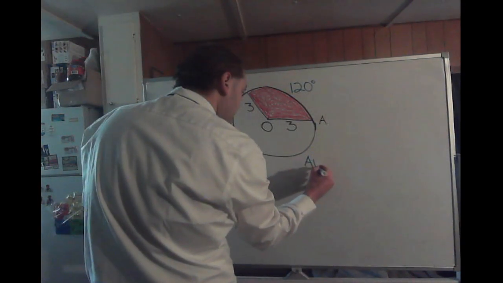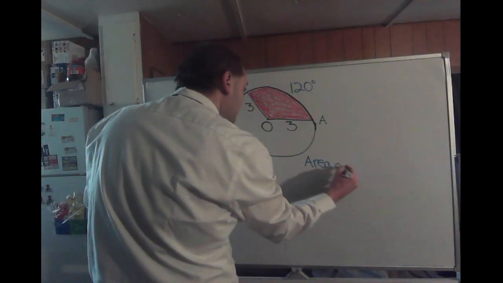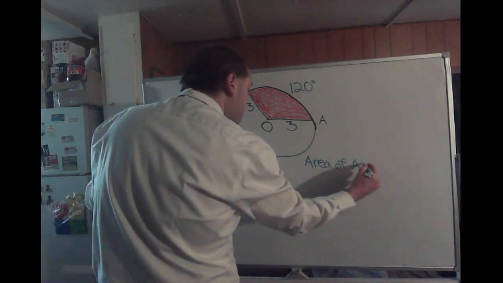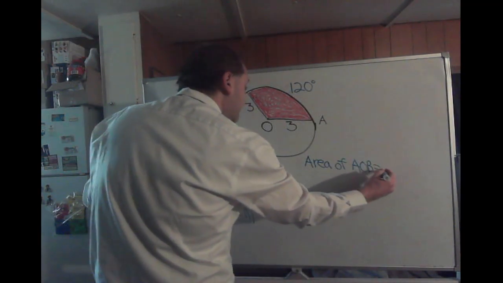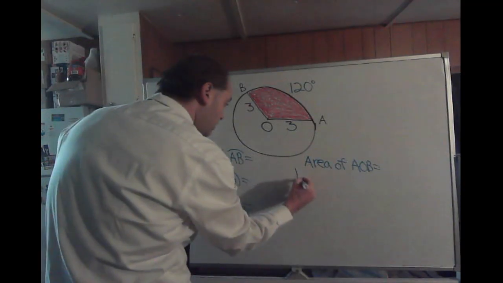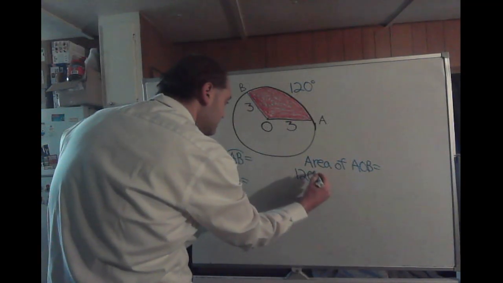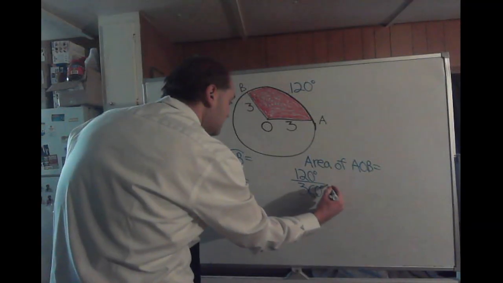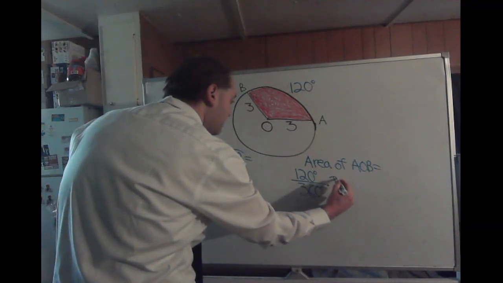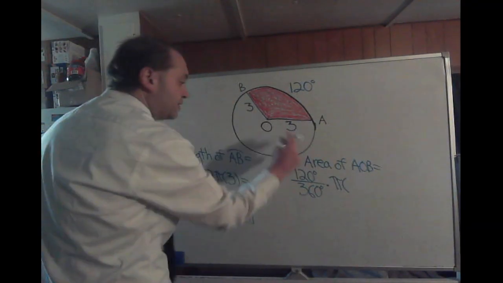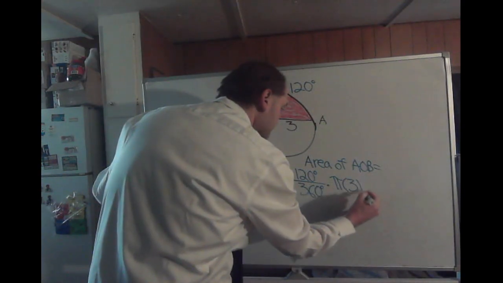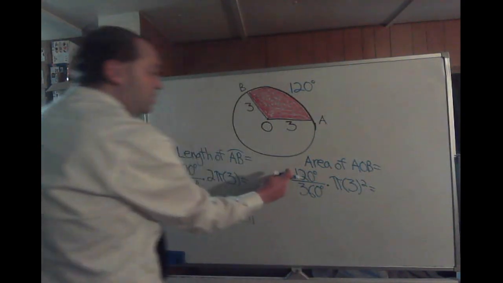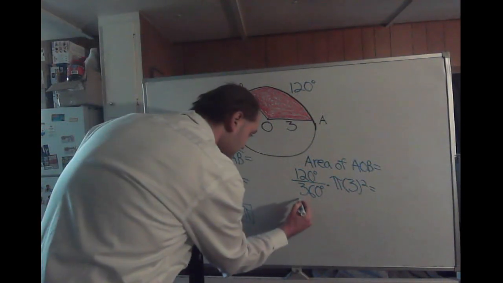So the area of AOB, that again is equal to the measure of your arc, which would be 120 degrees out of 360 degrees, times the pi r squared formula. In this case, the radius is 3, so that'd be 3 to the second power. Well, 120 out of 360, that's a third.